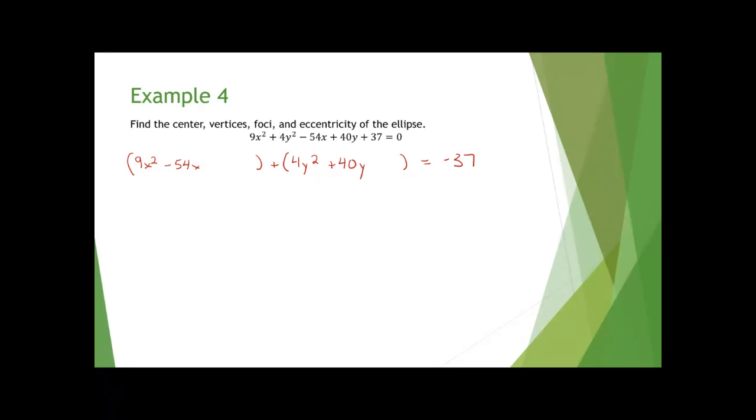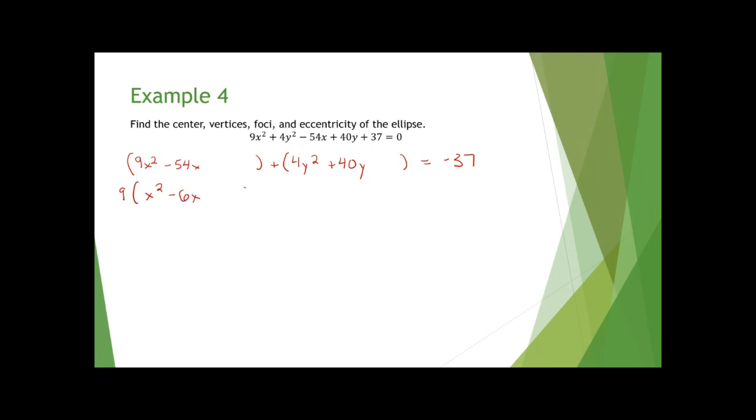Now, if you remember completing the square, we always have to get rid of that value in front of the squared term first. In this case, you can do that by factoring out values. With the x squareds, I can factor out a 9. That gives me 9 times (x squared minus 6x), since 9 times 6 is 54.